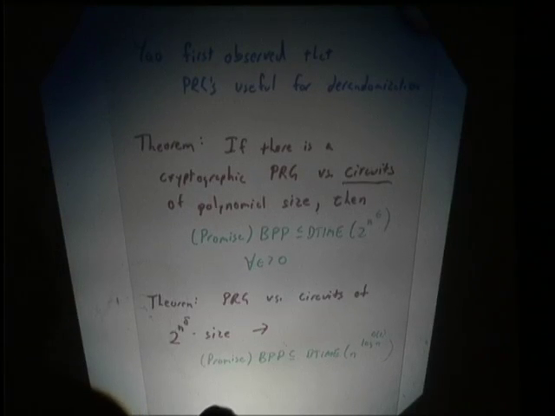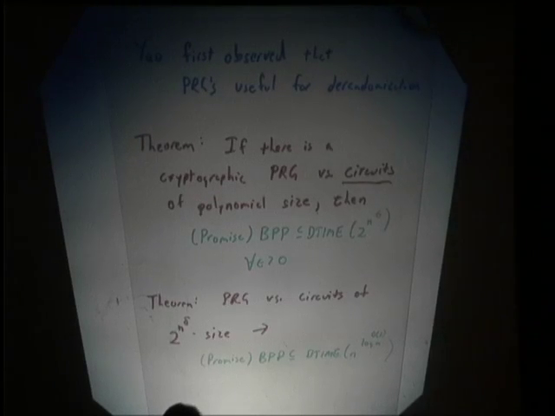Okay. But other than that, it goes through as follows. If you've got a pseudo-random generator, in the cryptographic sense, versus polynomial-sized circuits, then you can simulate even promised BPP algorithms in deterministic sub-exponential time, 2 to the n to the delta, or 2 to the n to the epsilon for an arbitrarily small constant epsilon.